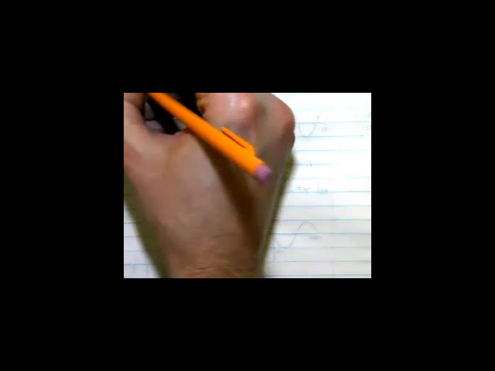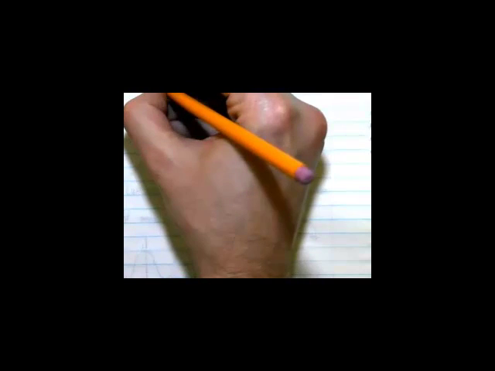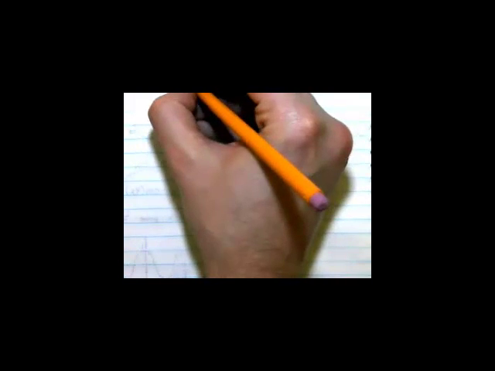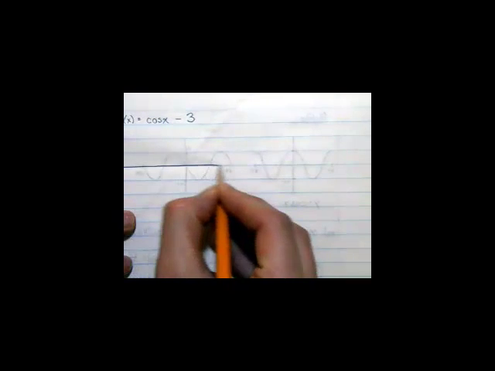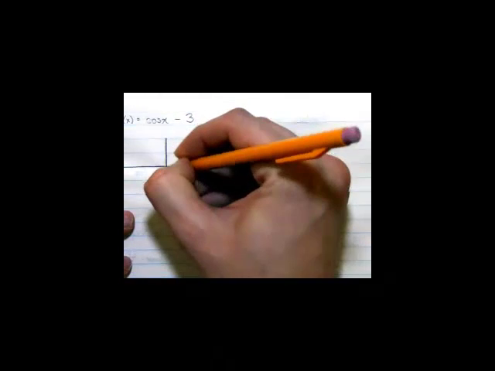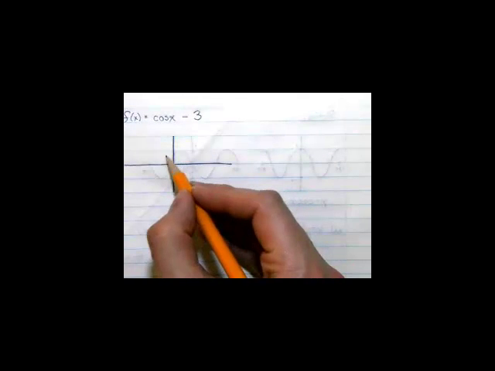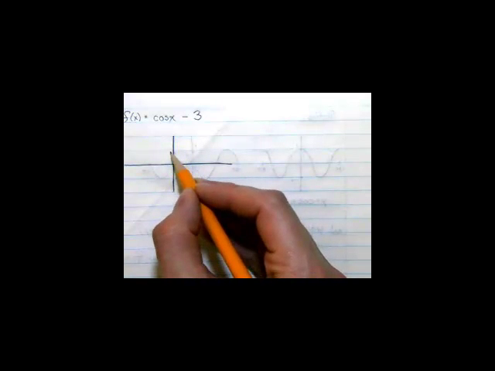So how about f of x equals cosine x minus 3, something like that. Okay, so vertical shift. So taking the cosine graph, shuffle it down 3. Normally, the cosine has a little hill here at 1.